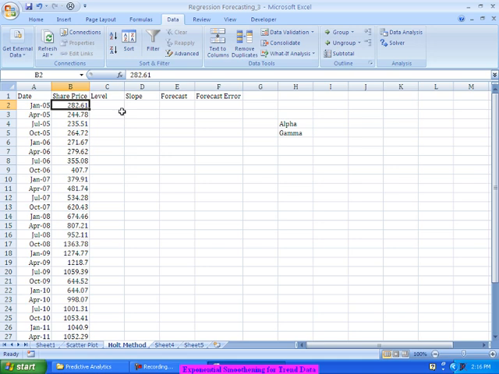Now, to go ahead with it, in the forecast part, I'll take the value as it is for the first one. The level estimate assumes there is no upward trend or downward trend.